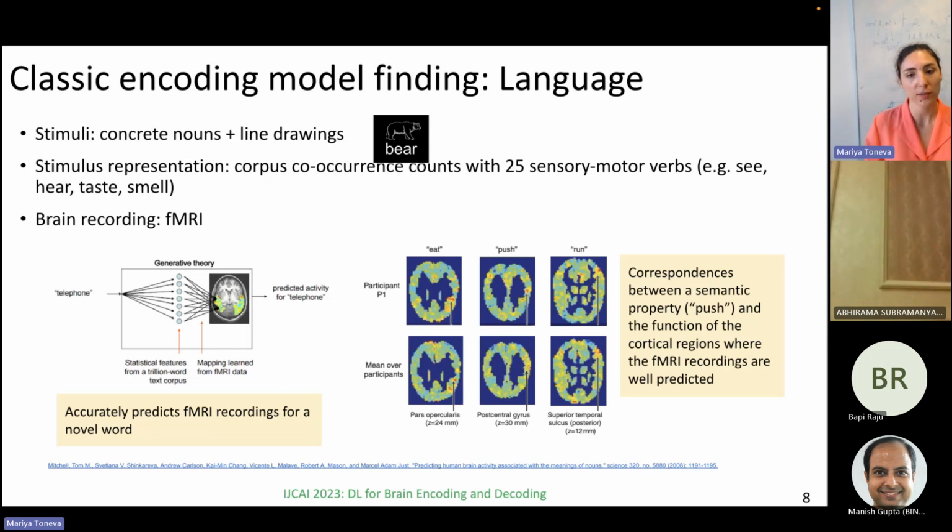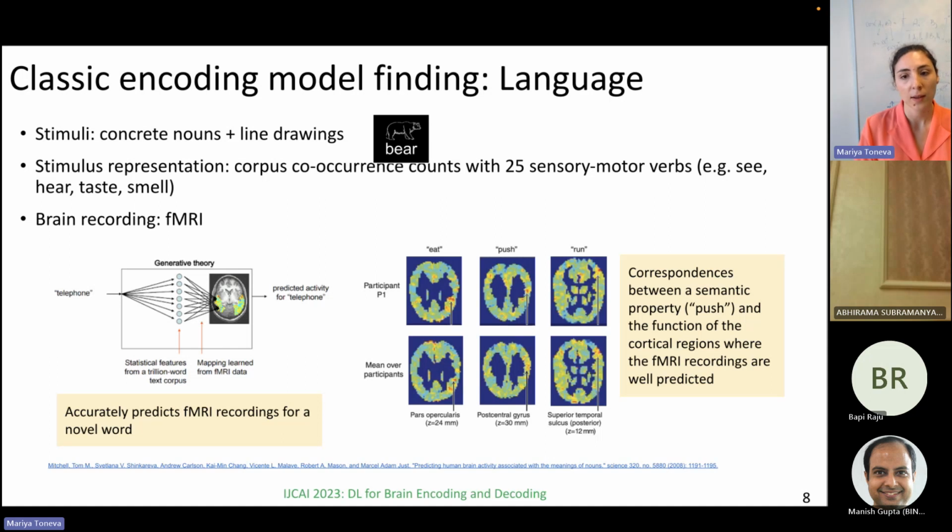So what part of this 25 sensory motor feature space actually contributed to the prediction of different parts of the brain. And they saw a correspondence between the semantic property for, let's say, a specific sensory motor verb like push with the function of the cortical region of the place in the brain that they're actually predicting.